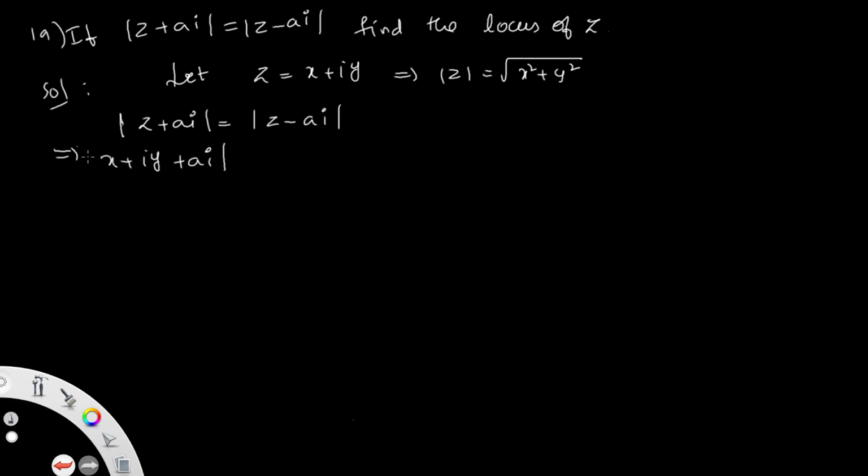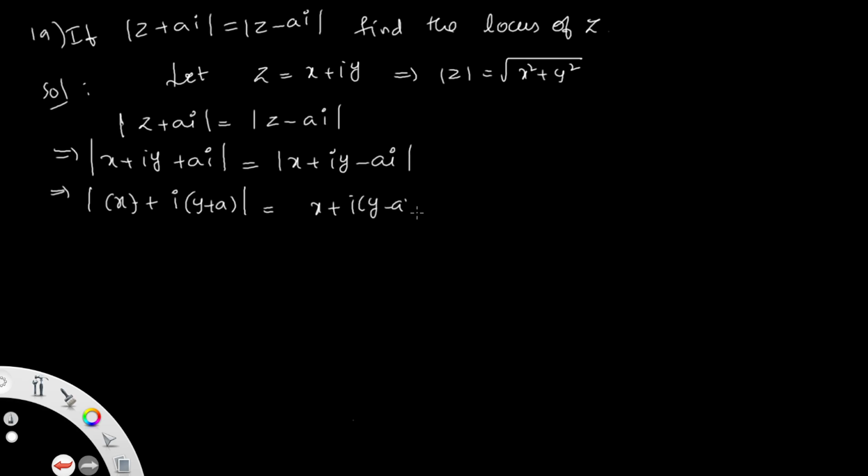Similarly x plus iy minus ai in the modulus. So modulus means first change into the real part, which is x only, plus i into (y plus a) in the modulus, and x plus i into (y minus a) in the modulus.